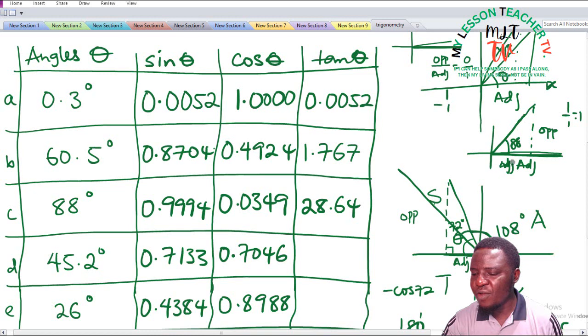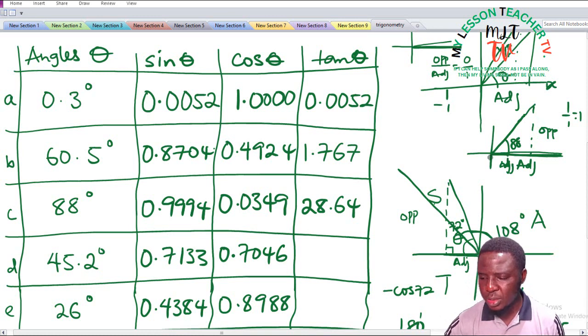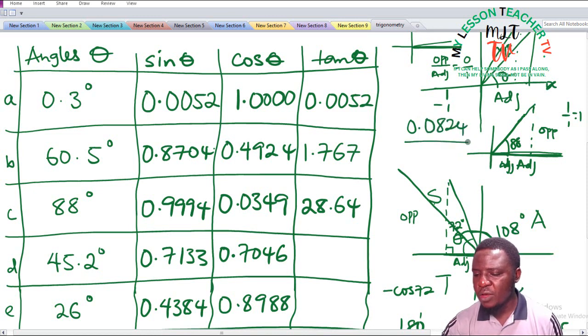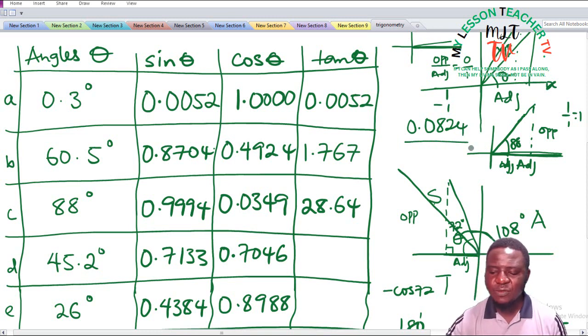At this point, the value of the opposite is way close to 0, and that of the adjacent is also approximately 0. So if you are dividing something like, let's take for instance, 0.0824 by another smaller number, it gives you a bigger number. That's why we are having the value of tan 88 to be 28.64.